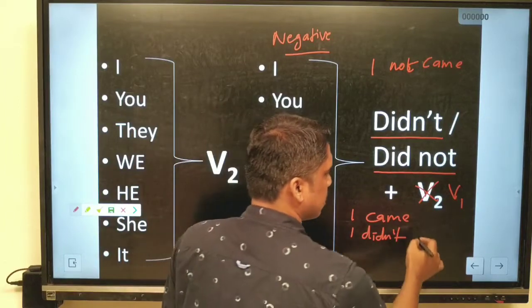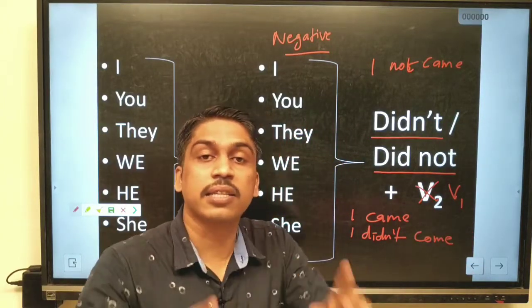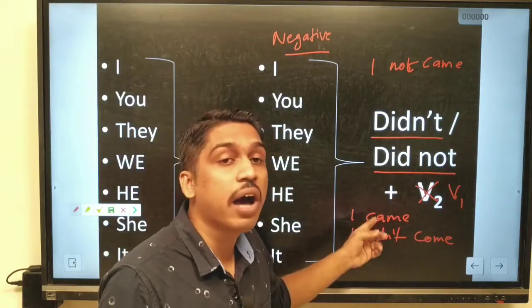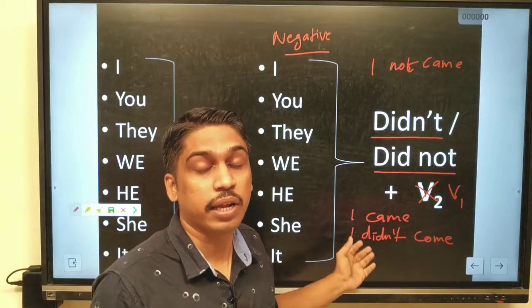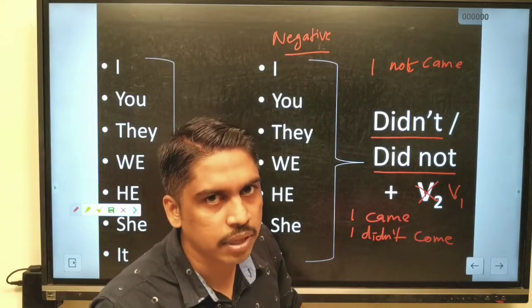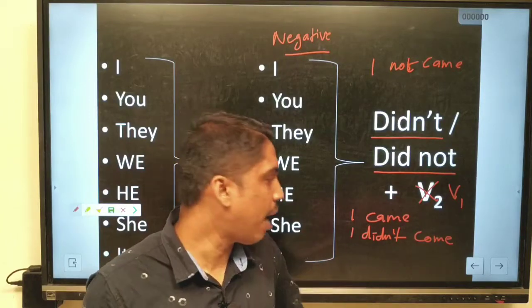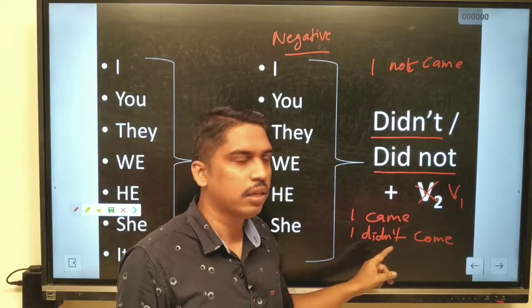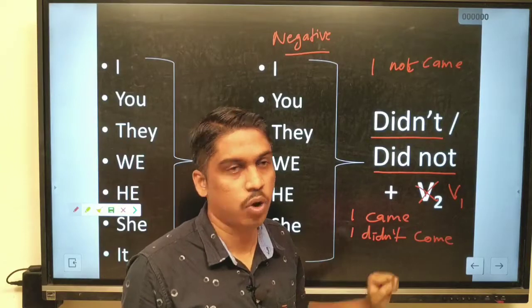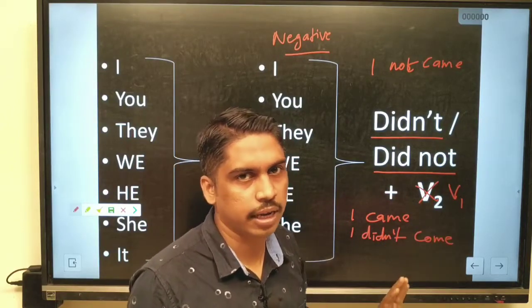Which one? Yes, come. I didn't come. I came is the positive and I didn't come is the negative. We can't say I didn't came. It is wrong. We have to use verb 1 after did, not verb 2. Okay, like this. Ready? Yes.